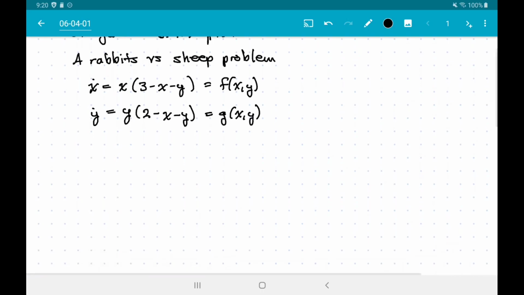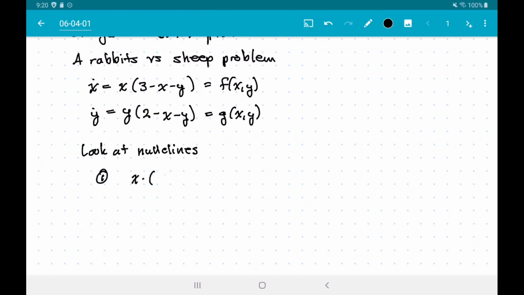So first I'm going to look at the nullclines. So number one, I'm going to set x times (3 minus x minus y) equal to 0 and see what kinds of points satisfy just this one equation.